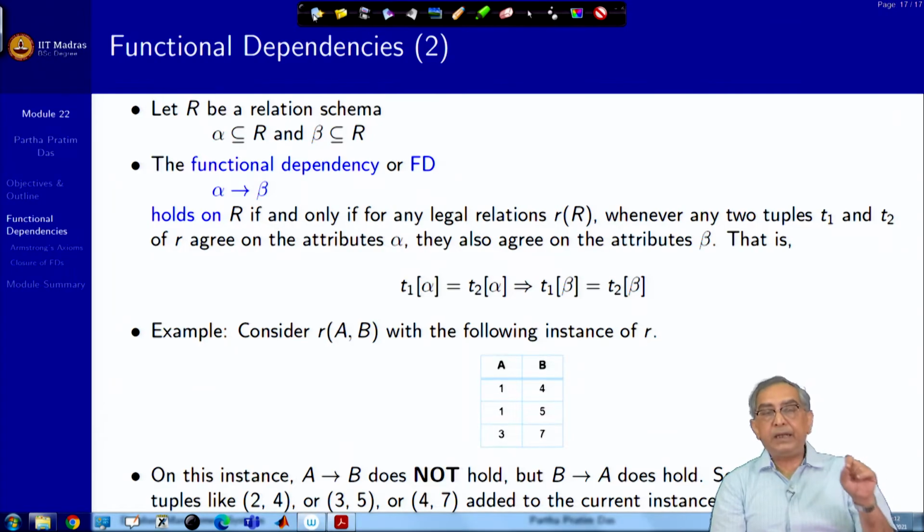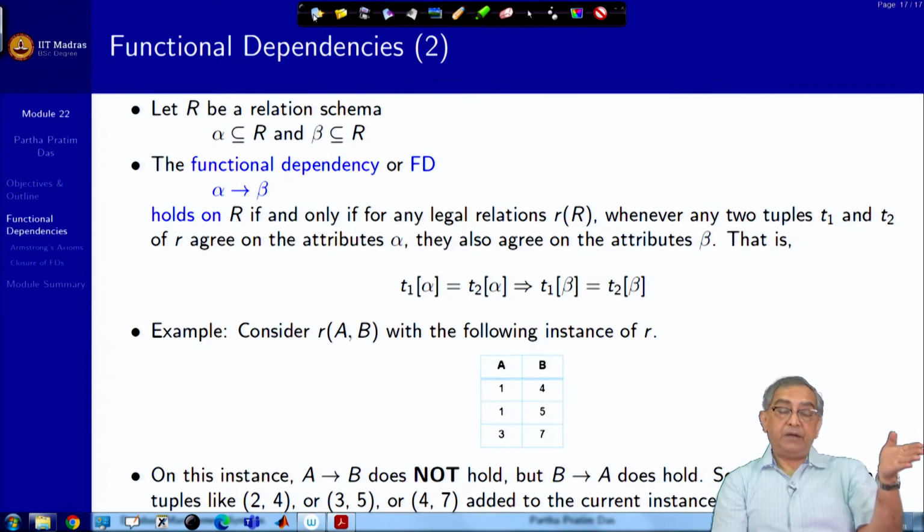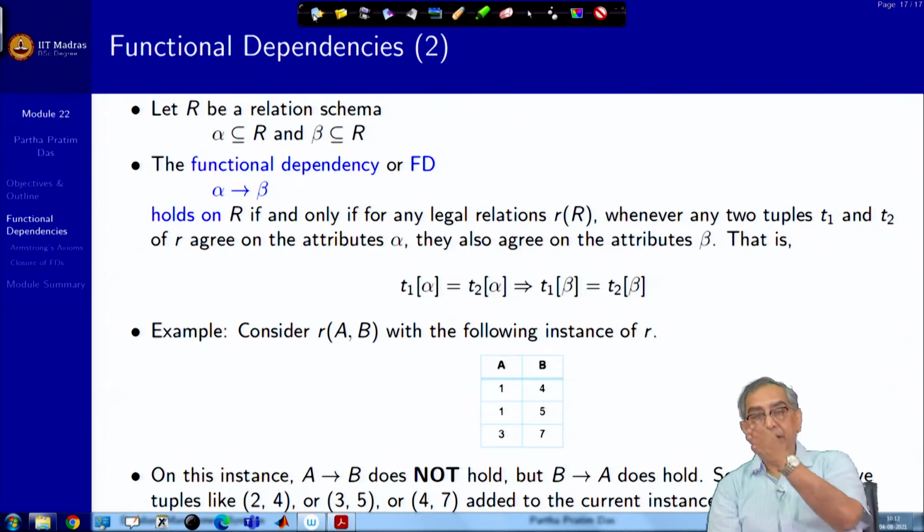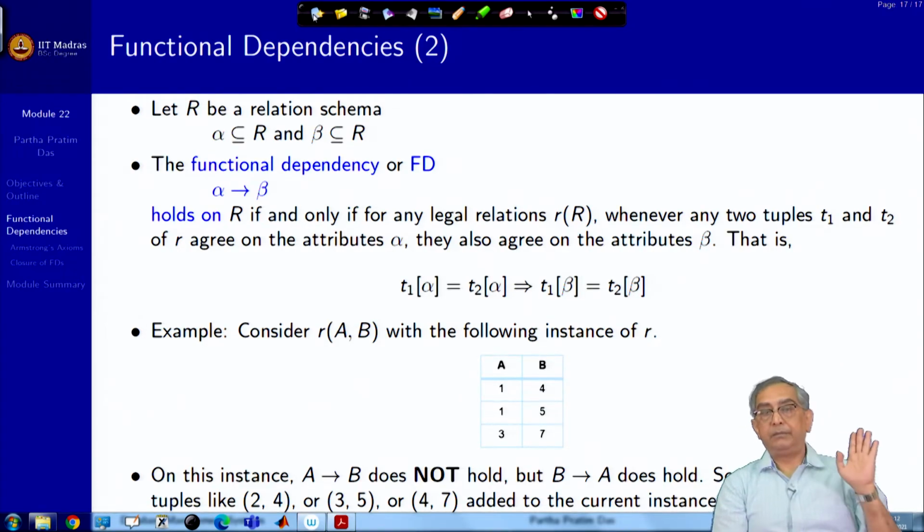Now, why is it that a department cannot have two buildings? It can. In several universities, the department belongs in 5 buildings. If that is the case, then we will not have department functionally determining building. But the business rule given to us by the client says that no department will be in more than one building.